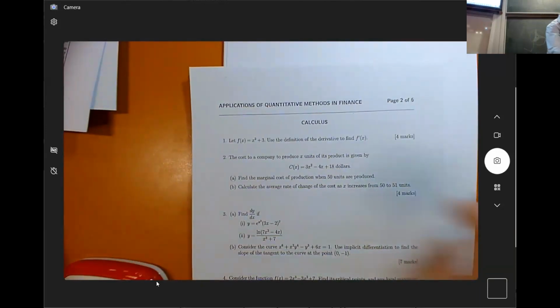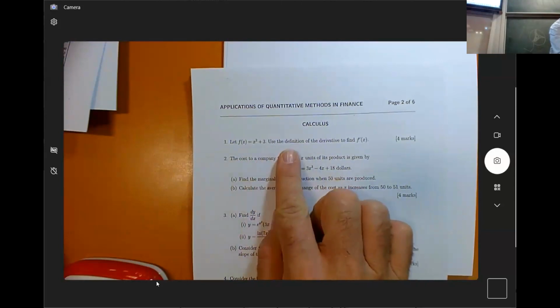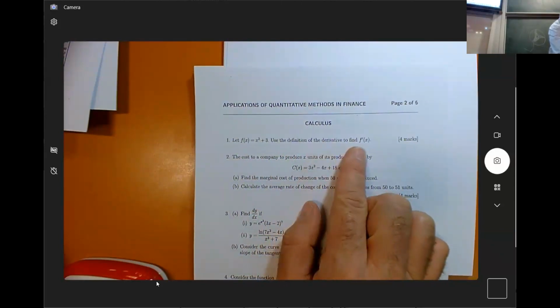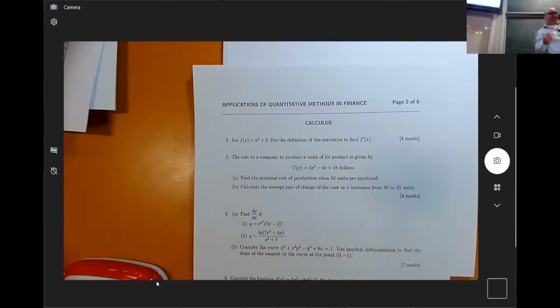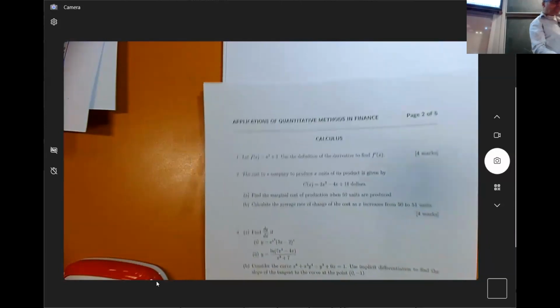Use the definition of derivative to find f dash of x. Notice this first question is worth 4 marks. This is one of those things where a lot of students actually lose a couple of marks just by not following the process correctly.